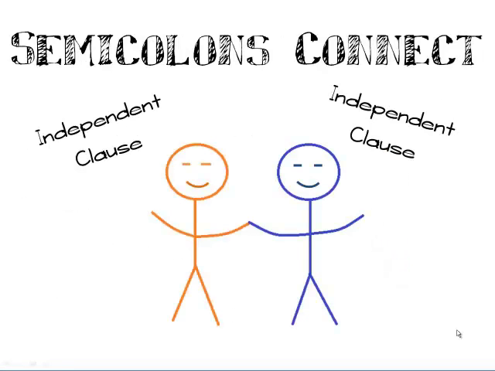Now when we say that a semicolon connects two complete sentences, we are of course talking about independent clauses, or sentences that have a subject and a verb at least. So whenever you use a semicolon, you want to make sure that on either side you have an independent clause.